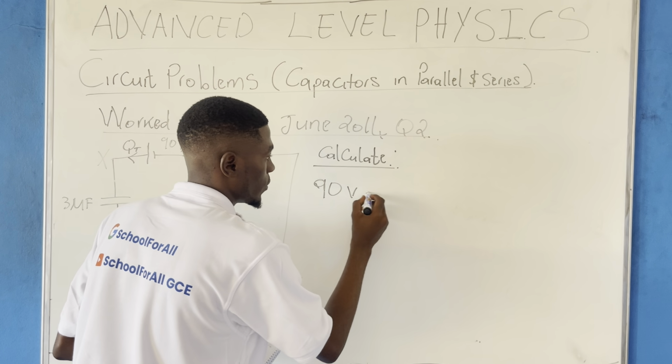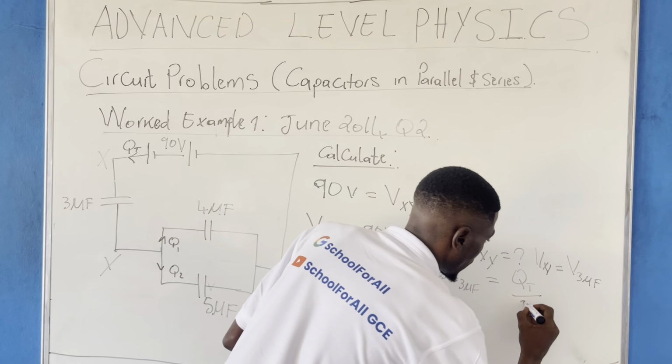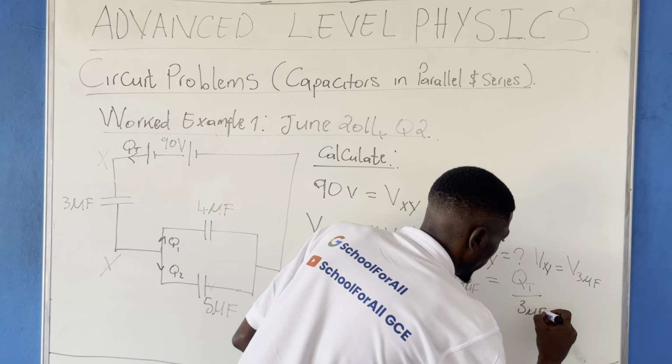Is this Q total coming from the battery? So Q total divided by the capacitance of the 3 microfarad, which is simply 3 microfarad. So I will put my 3 microfarad.